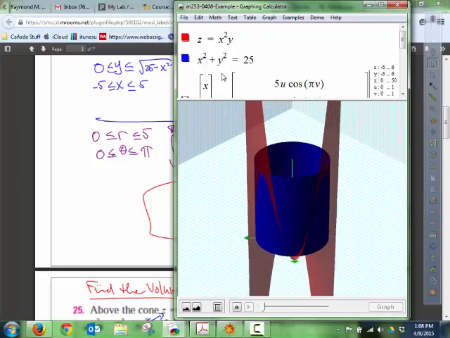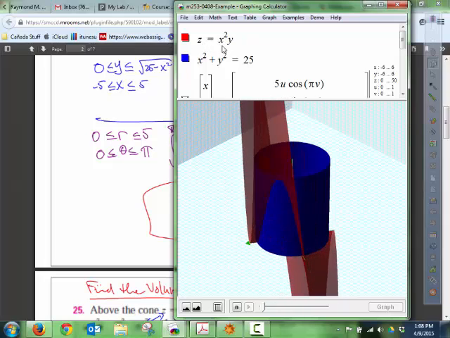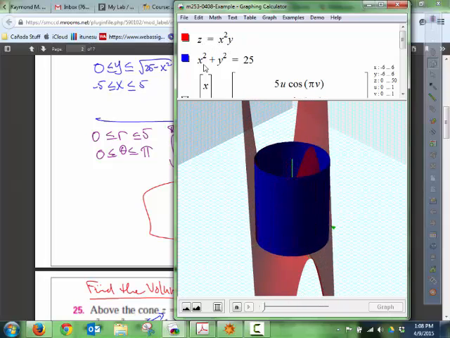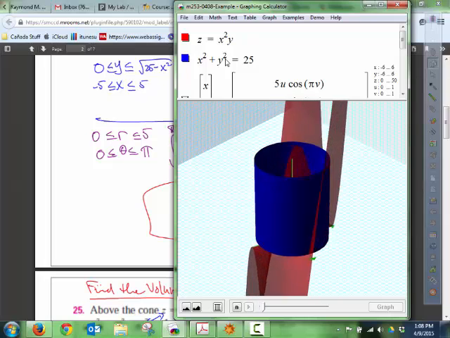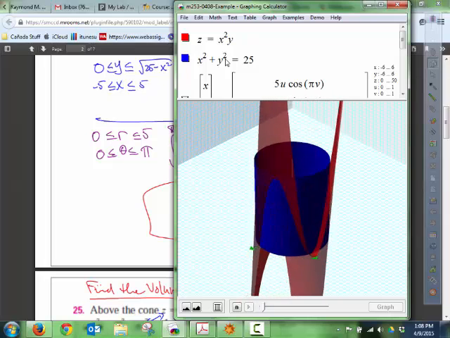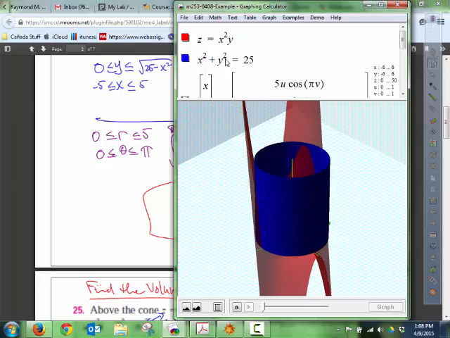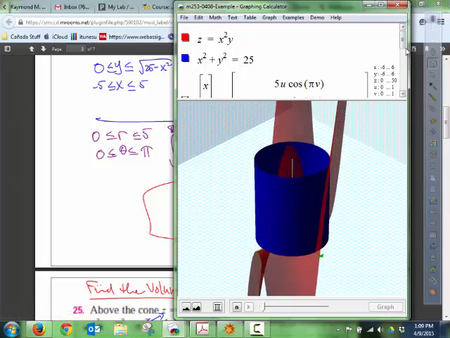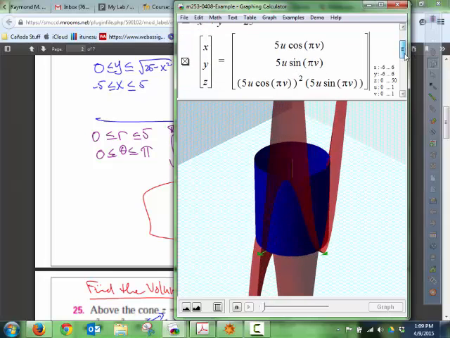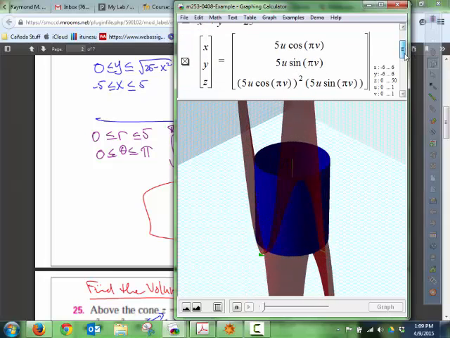So this is the story here. We have the surface z equals x squared times y, and then our cylinder, x squared plus y squared equals 25. So that's essentially going to be our domain. That's our D. We're going to integrate over that. And so what I did was, what did I do? I don't know what I did.